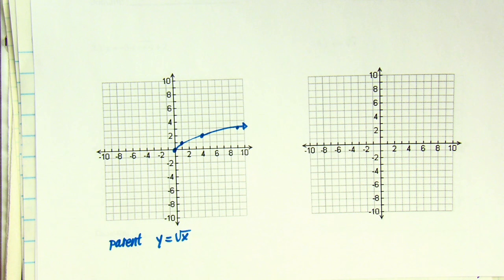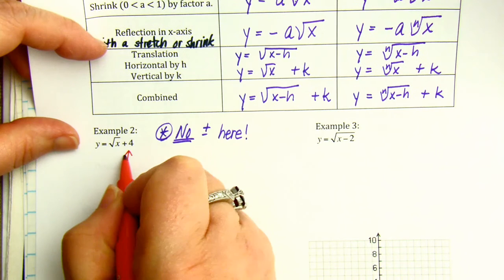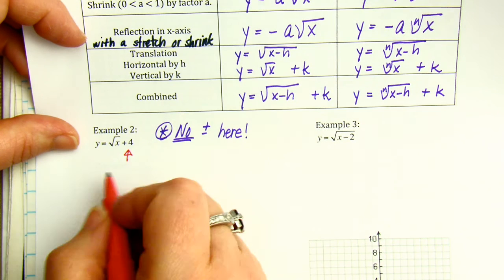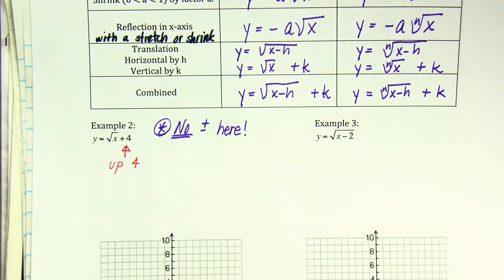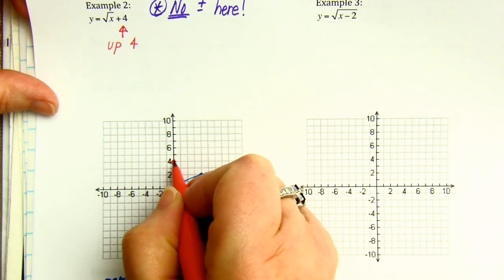Now we're going to take that square root function, and this says to do what? This is a translation. Move it up 4 units. It's not grouped in under the radical with the x, so that's an up-down shift. Plus means go up. So I'm going to take my 0, 0 and slide it up 4 units. This is 0, 0.